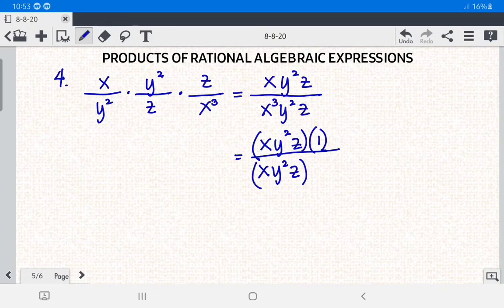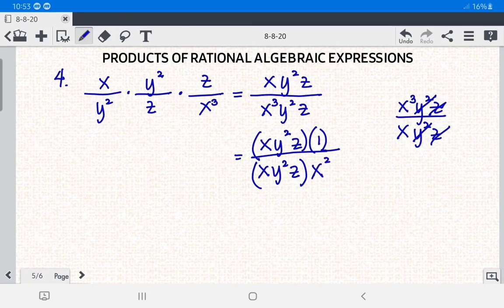Then how about this one? X cubed y squared z divided by xy squared z. So we can cancel y squared and then z, right? Then you just subtract the exponents. We have 3 minus 1, we have 2. So we have here x squared.